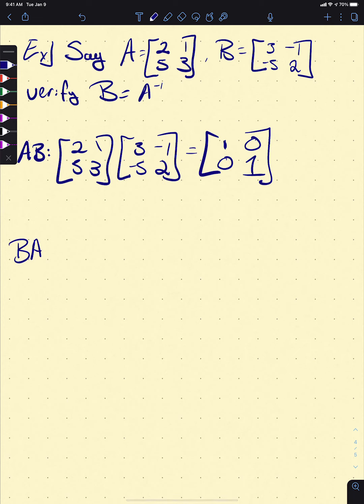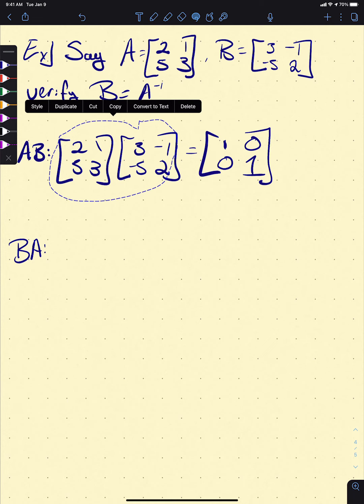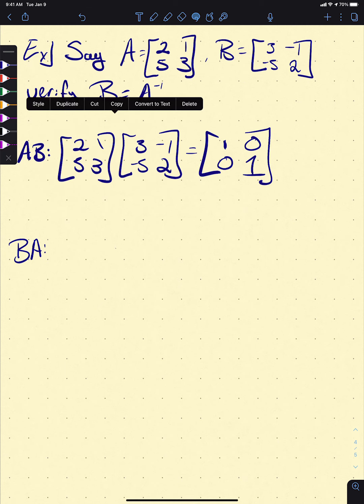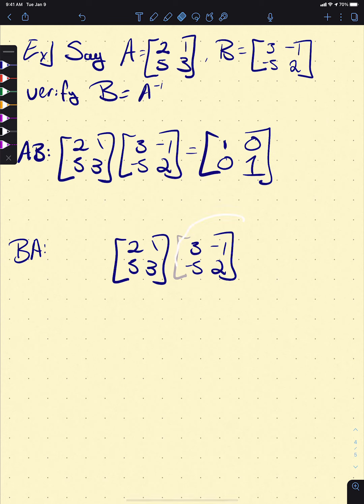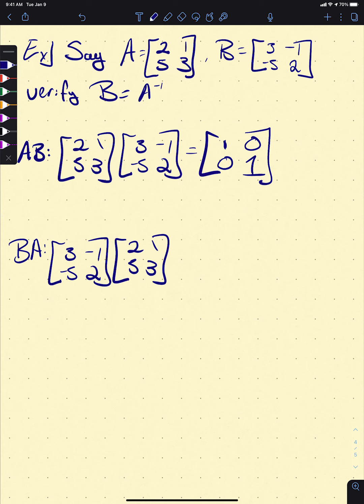Let's look at BA. I'm going to paste that right here and rearrange our system like that and see what happens. So what do we get here? Well, it looks like 2 times 3 plus 1 times negative 5, so once again, indeed, we have 1.